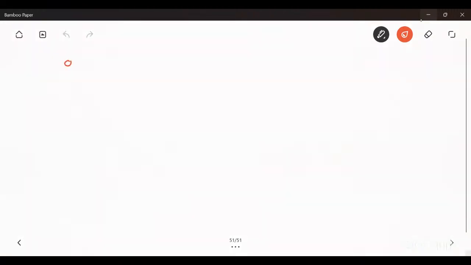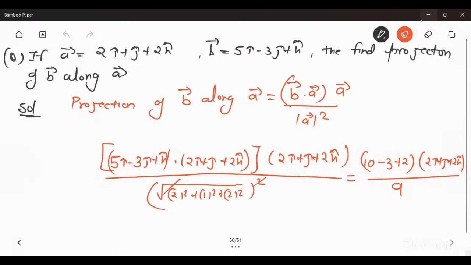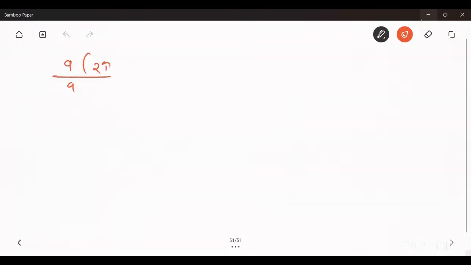So 9 upon 9 into 2i plus j plus 2k. So 9 will be cancelled by 9. The value will become 2i plus j plus 2k. So this is the value of projection of vector B on A.